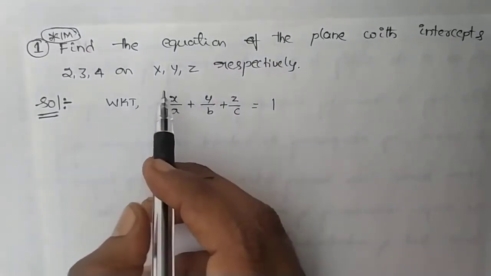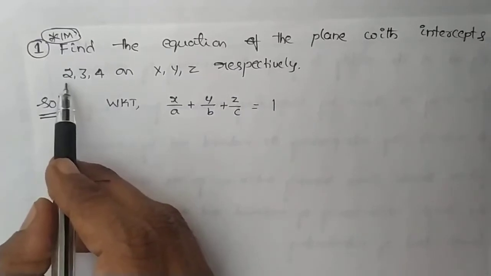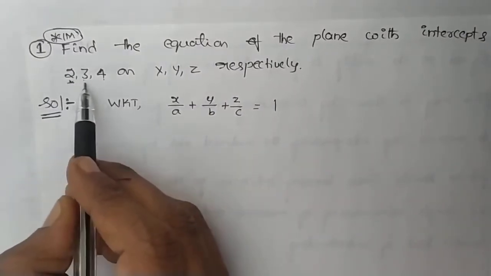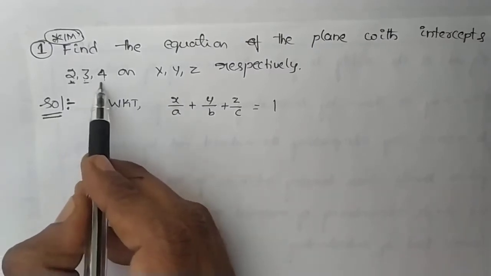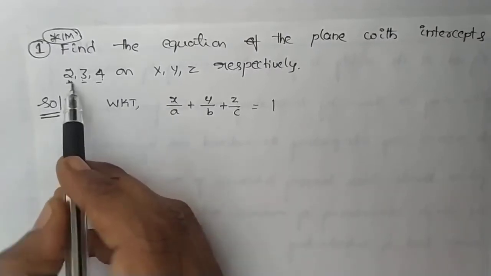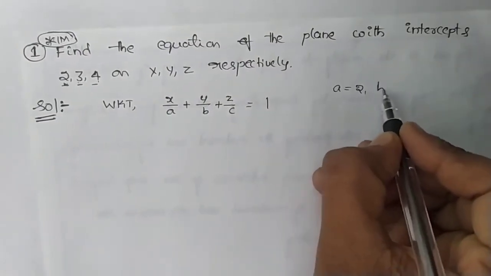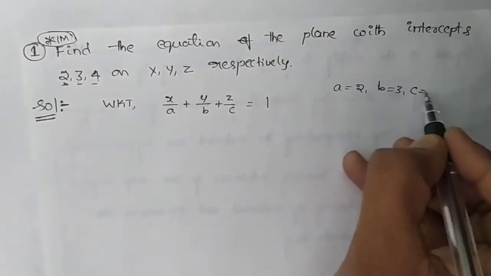You just observe the question. Here the intercepts are given: 2, 3, 4. So a equals 2, b equals 3, c equals 4.